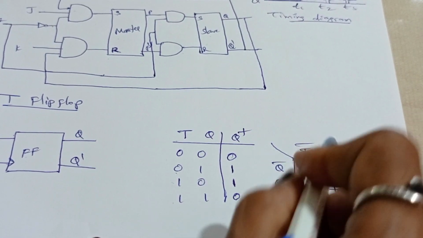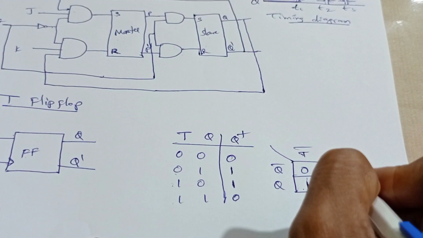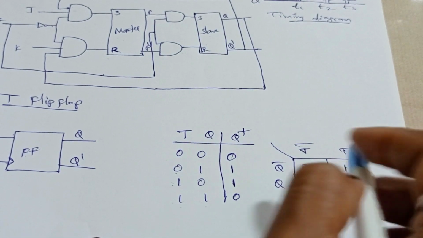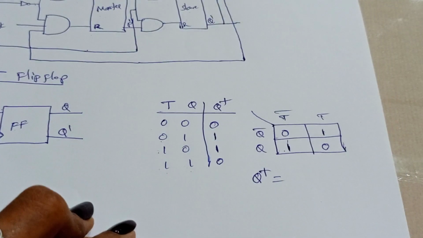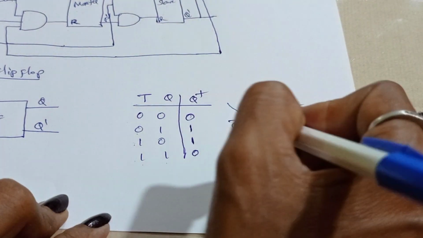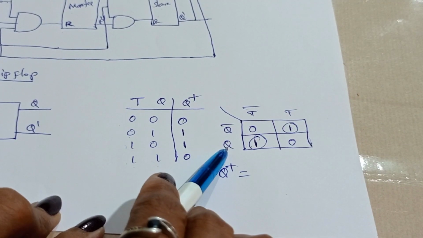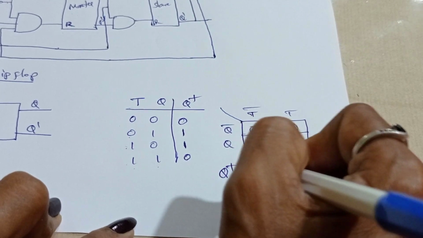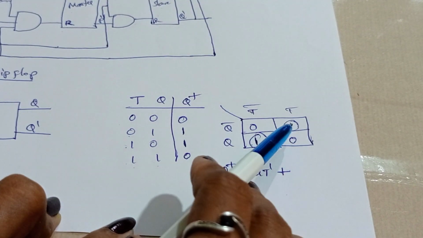When T is 1, Q is 0. Now the characteristic equation: Q plus is equal to Q T bar plus Q bar T.